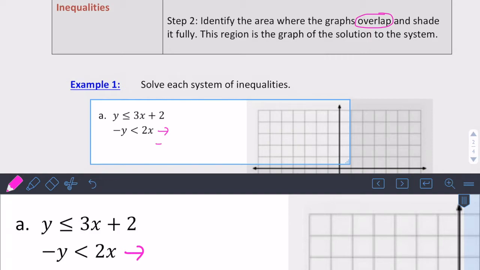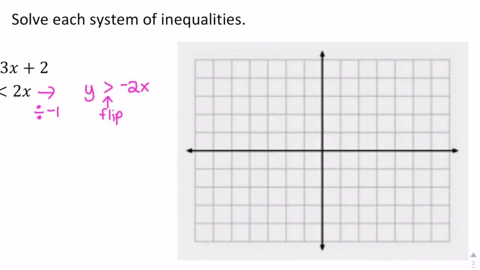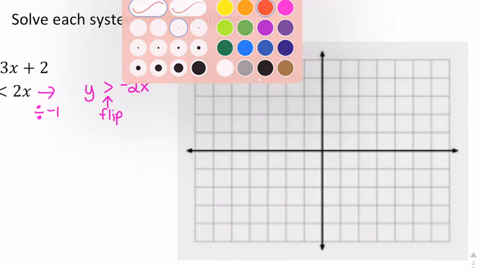If you divide by a -1, it'll flip the direction of your inequality since you're dividing by a negative. Anytime you multiply or divide by a negative value, change the direction of your inequality symbol. So we're going to end up with y is greater than -2x. Now they're both in slope-intercept form, so let's plot them on our graph here.